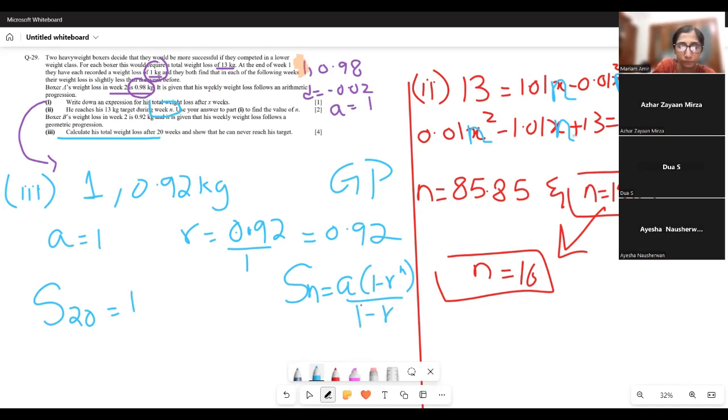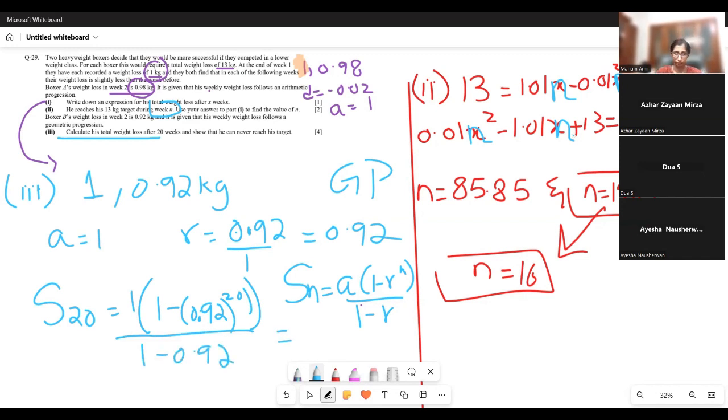So a is 1, r is 0.92, the power n is 20, upon 1 minus r, 1 minus 0.92. What do you get? 10.14. Okay, 10.1.